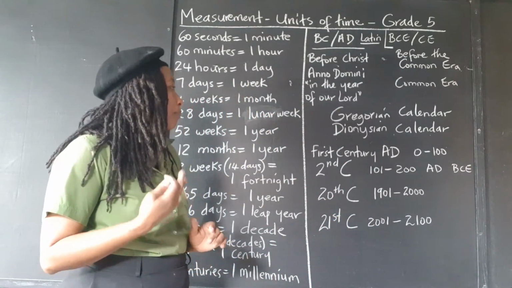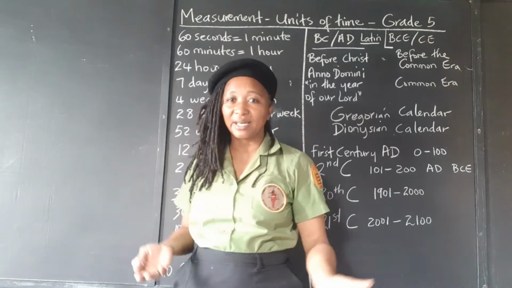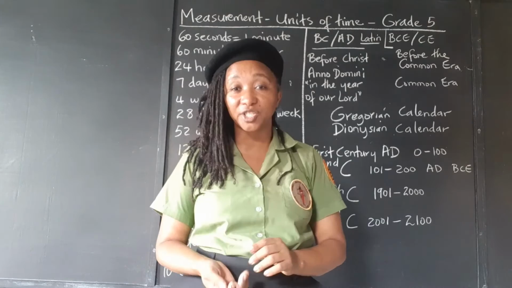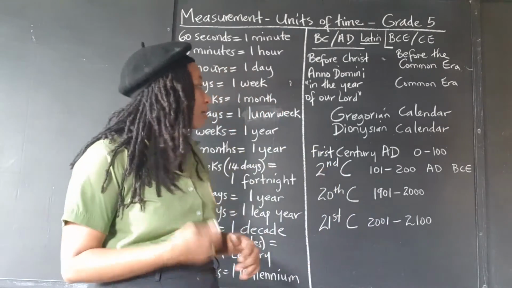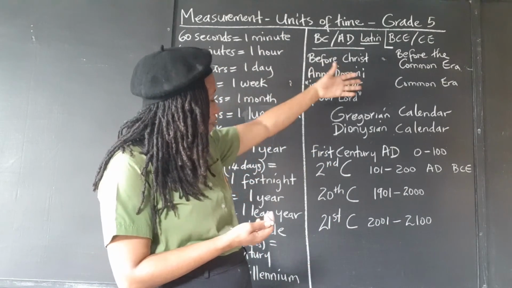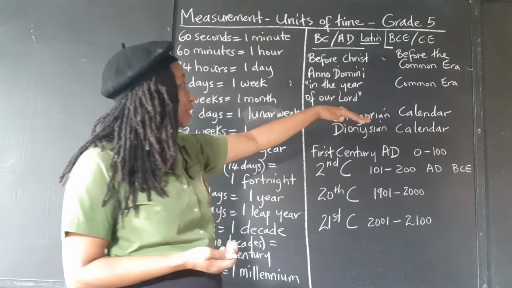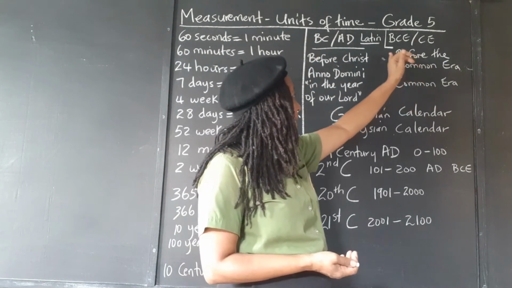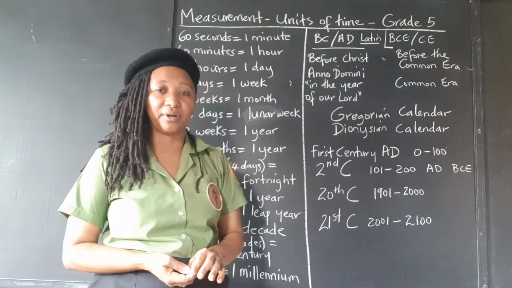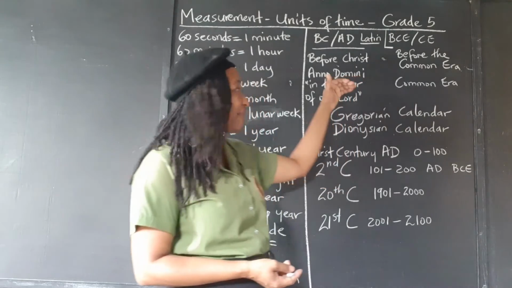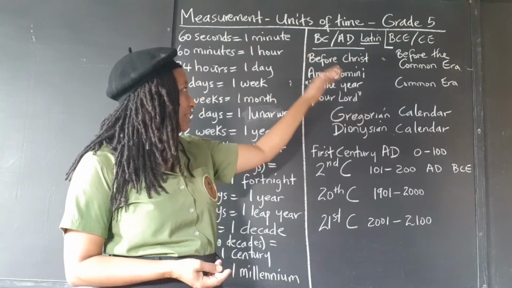So, to be more politically correct these days, to avoid the religious references, some persons prefer to use BCE, before the Common Era, or CE, the Common Era, instead of BC and AD, right?